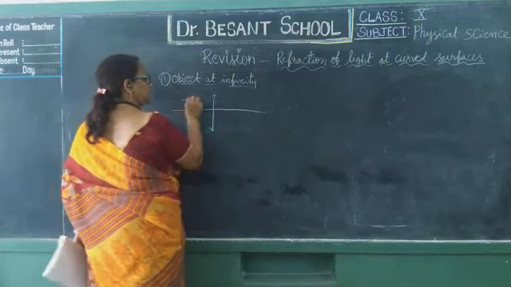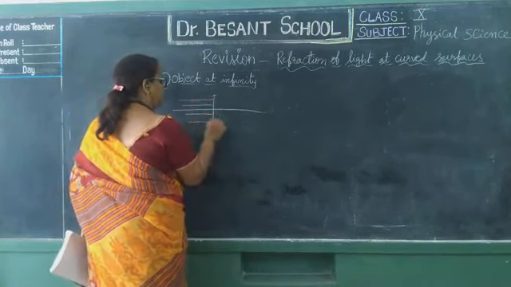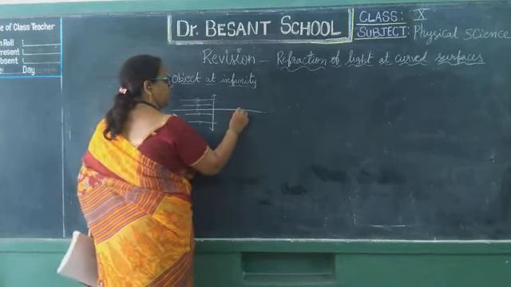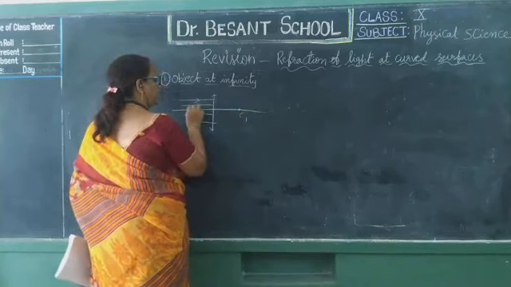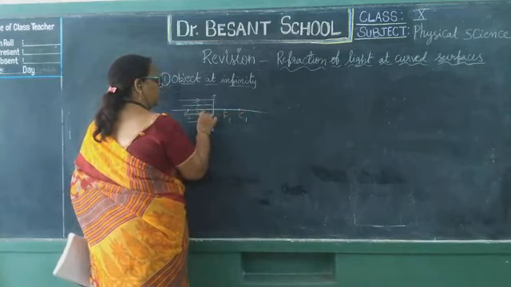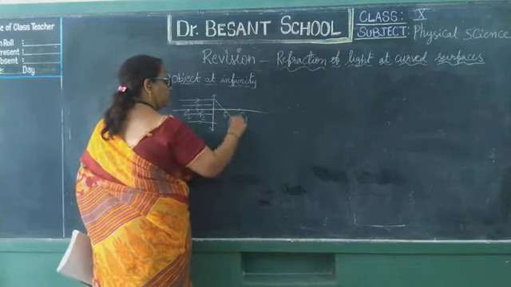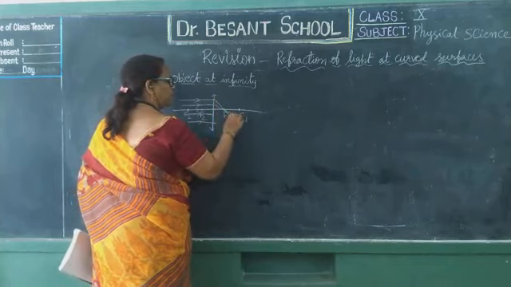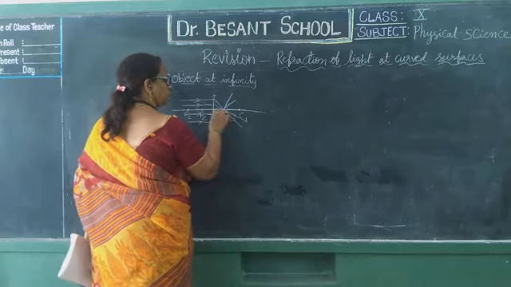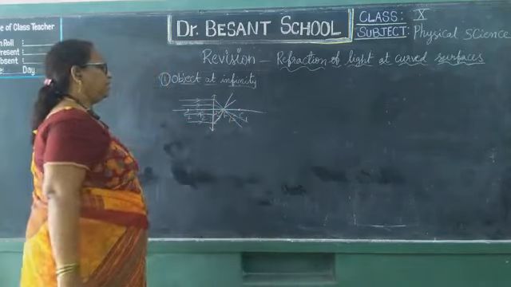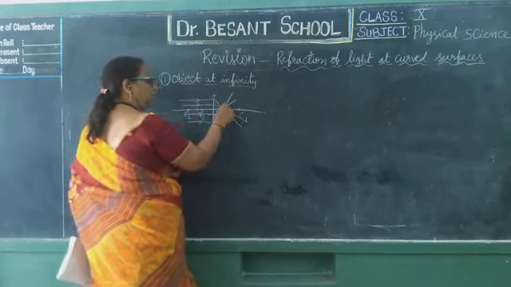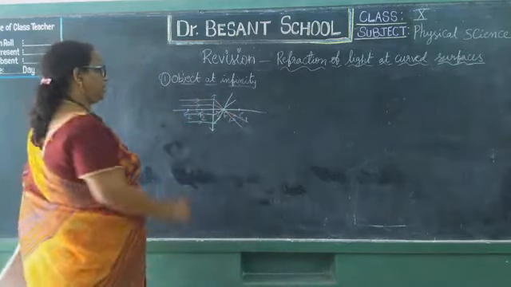This is the principal axis. When the object is at infinity, all the incident rays are parallel to each other and parallel to the principal axis. And here C1 or 2F1, C2, F1, here F2. So all the refracted rays will be passing through the focus. Okay, this is object at infinity. So a point-sized image is formed on focus for an object at infinity.